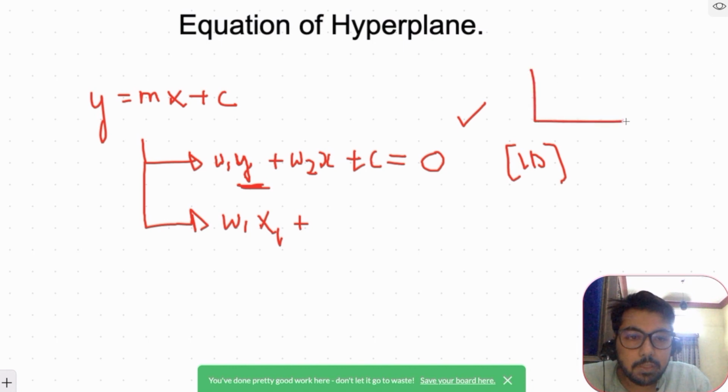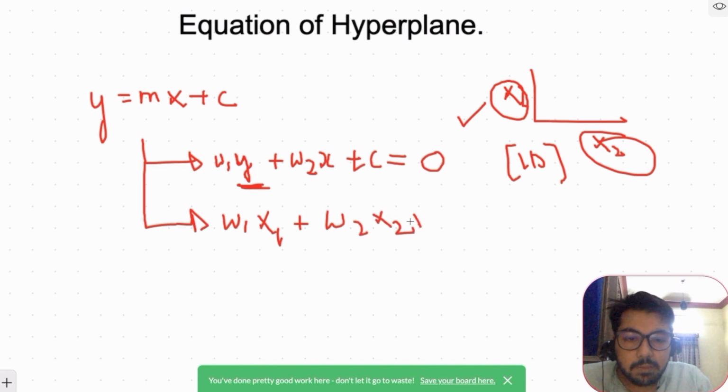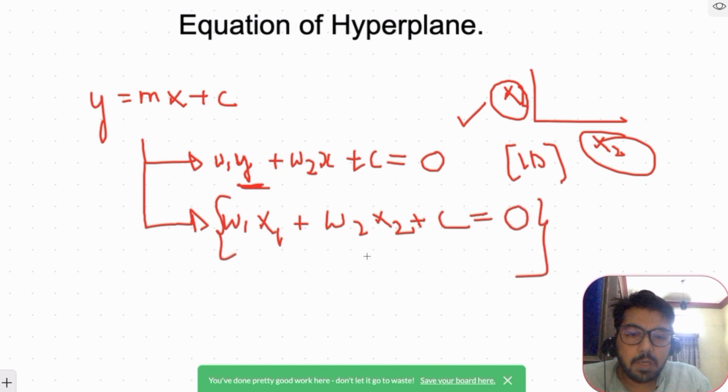We have drawn it like this, x1 and x2, as you will remember. So we have used y as x1 and x as x2. So w2 x2 plus c equal to 0. This comes out to be the equation of a hyperplane.